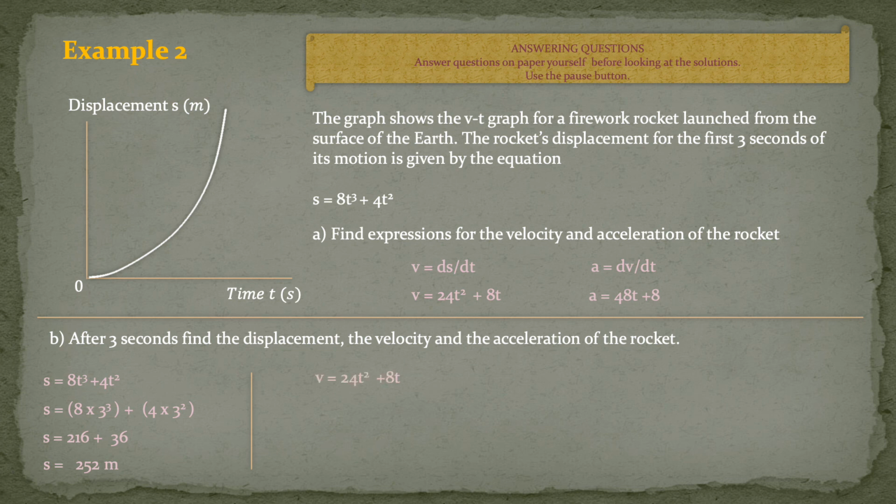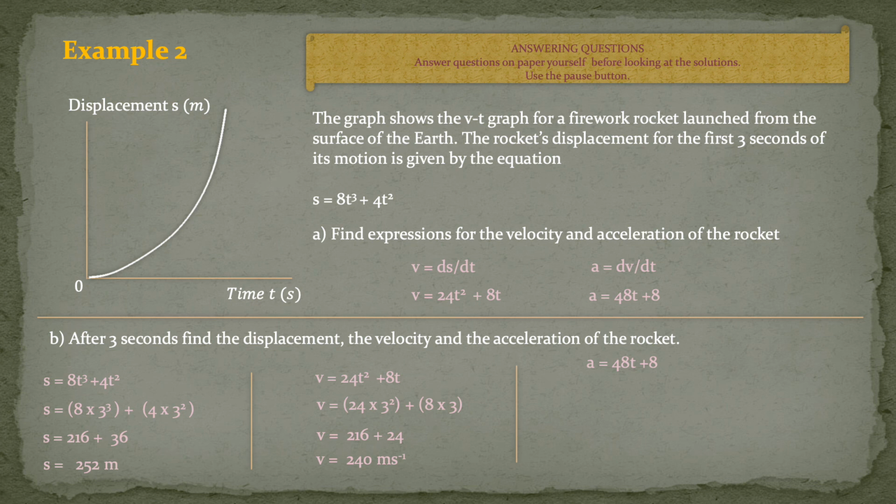Now the velocity. Well, the velocity equation is 24t squared plus 8t. Put in our time value of 3 seconds. And we get 240 meters per second. It's accelerated quite rapidly during those 3 seconds.